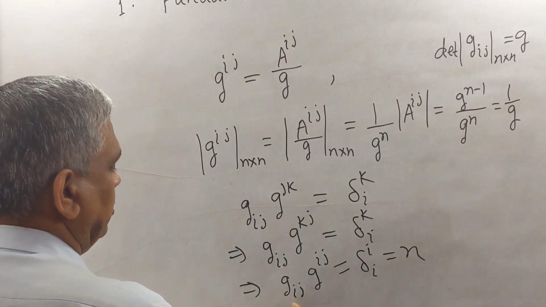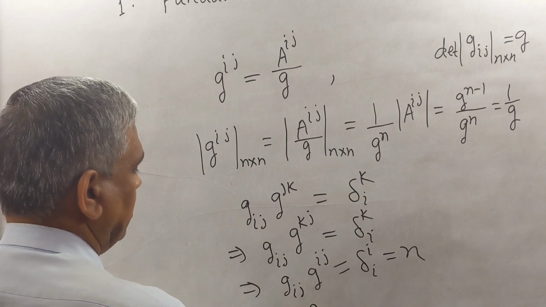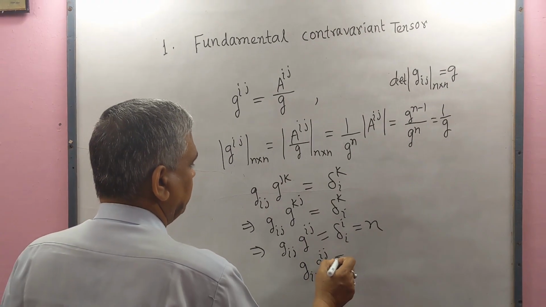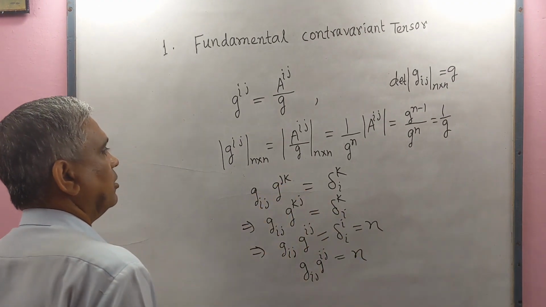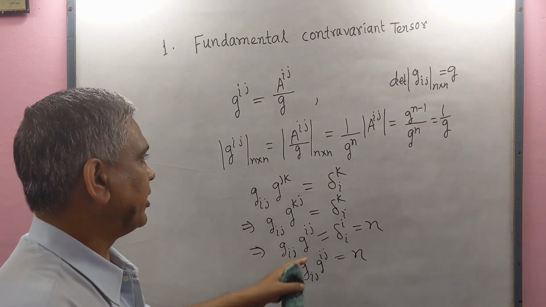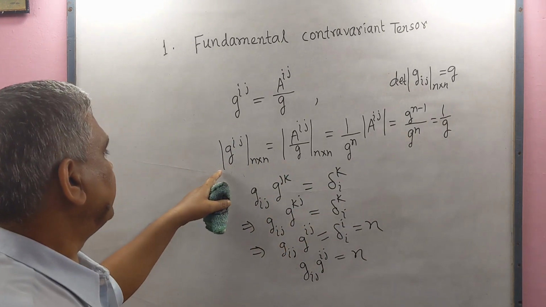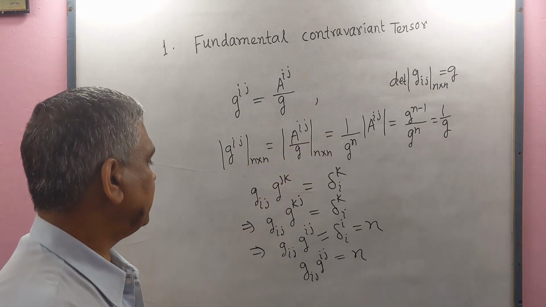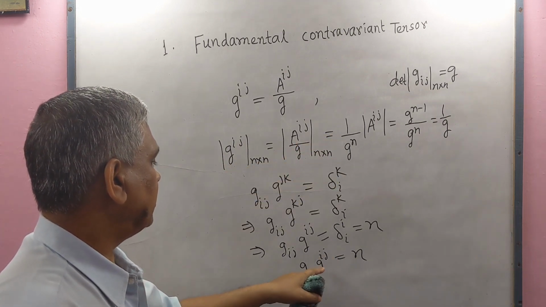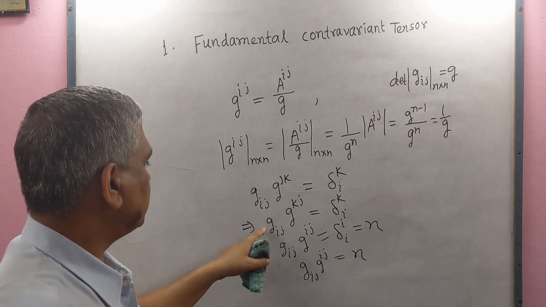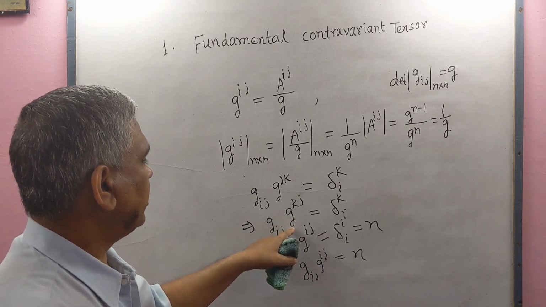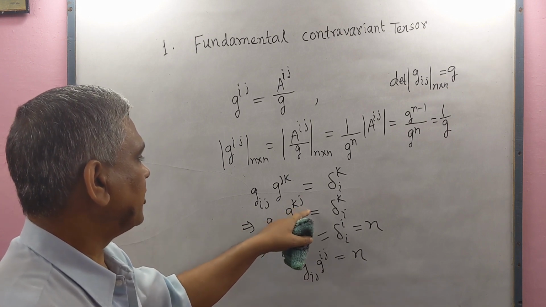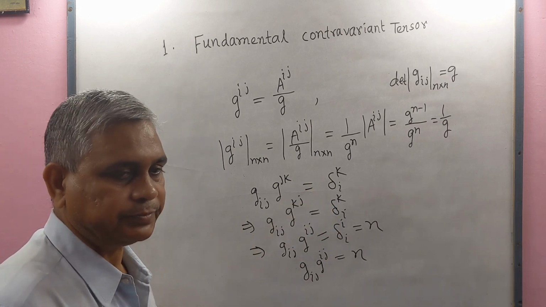So g^ij g_ij equal to n. These are the properties. Number 1, the determinant of contravariant g^ij equal to 1 by g, and g^ij g_ij equal to n. Also this will be used in later cases: g_ij and contravariant g^jk equal to delta i k.